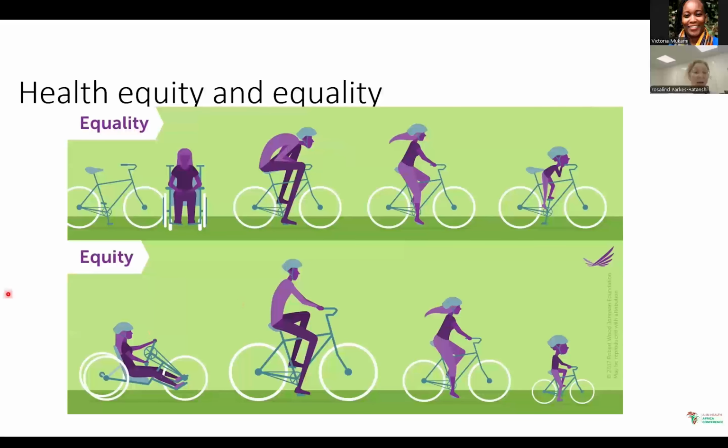So health equity is when this tool, this bicycle, is adapted and responding to the actual needs of that population. For the lady in the wheelchair, it's adapted so she can use her arms. The man has a bigger one. The lady is doing quite well on hers, and the child has an even smaller one.